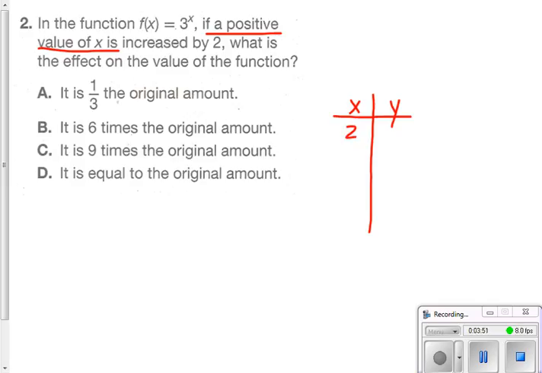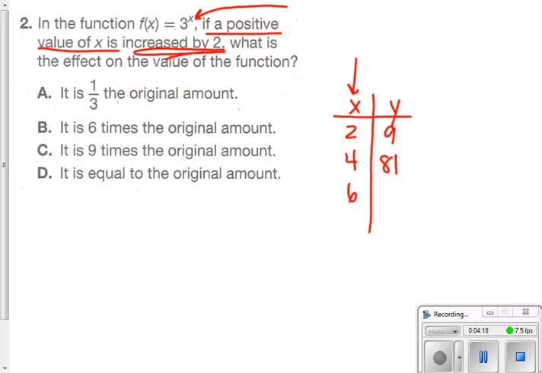2 is positive. When we increase your x value by 2, that would be 4, 6, so on. We want to know what effect that has on this function. So we put your x value into the equation. If I substitute in 2 for x, that is 3 to the second power, which would give me 9. Substitute in 4 for x, and we would get 81.